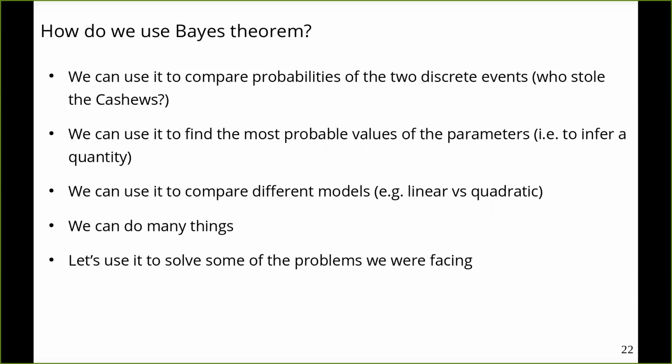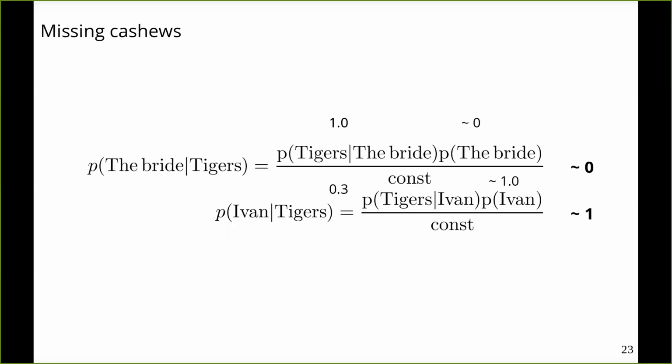So let's now go and let's try using the Bayes theorem to solve some of these problems that we were facing so far. So first of all, let's use it to solve this cashew stealing problem.